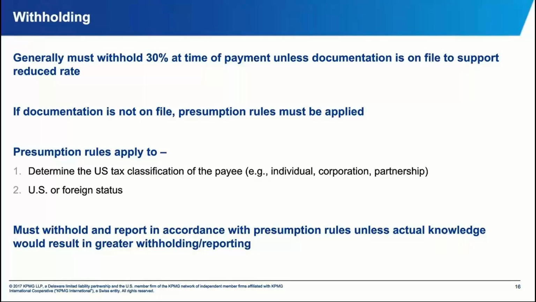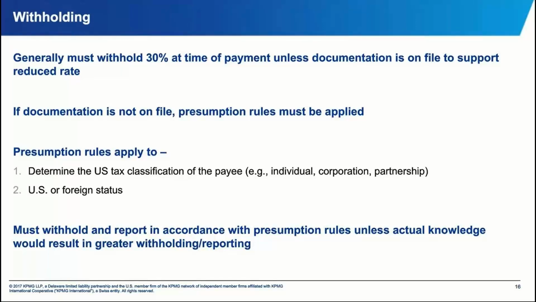And one thing to note for individuals, you might have a situation where you have to treat the same person two different ways. So for example, if you don't have the proper tax documentation and you're making U.S. and non-U.S. source income payments, but you have actual knowledge they're a non-U.S. person, you would have to withhold 30% because your actual knowledge is higher than the normal backup withholding rate of 24%.